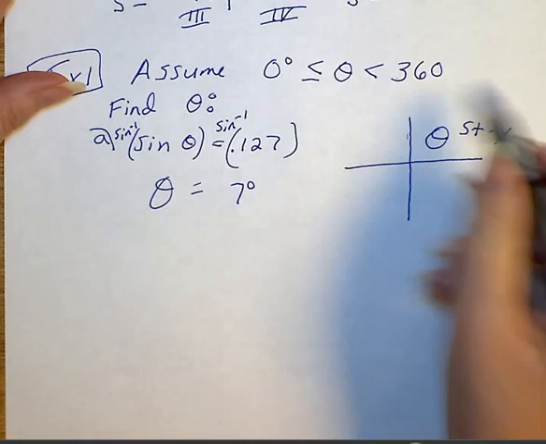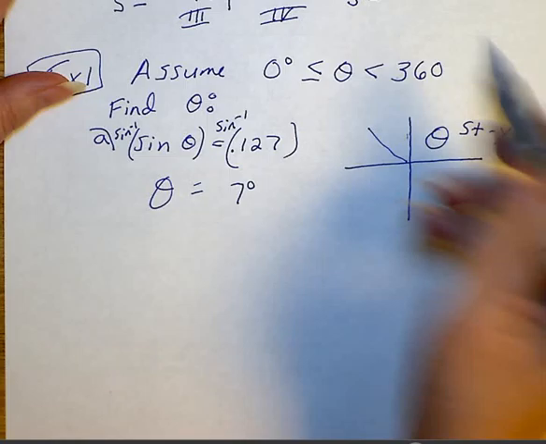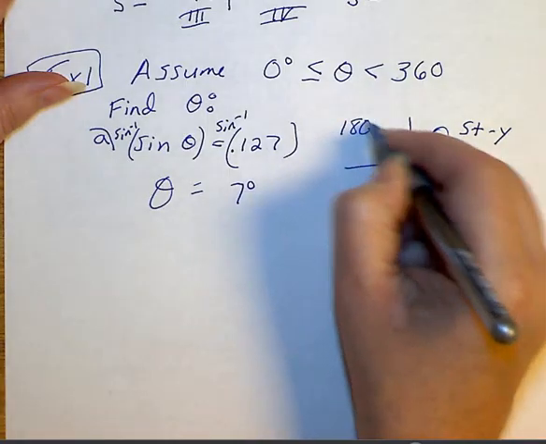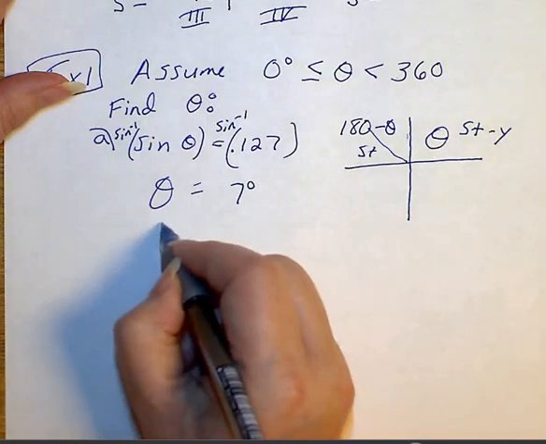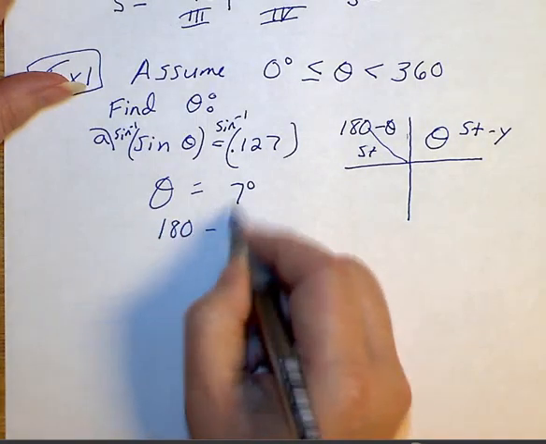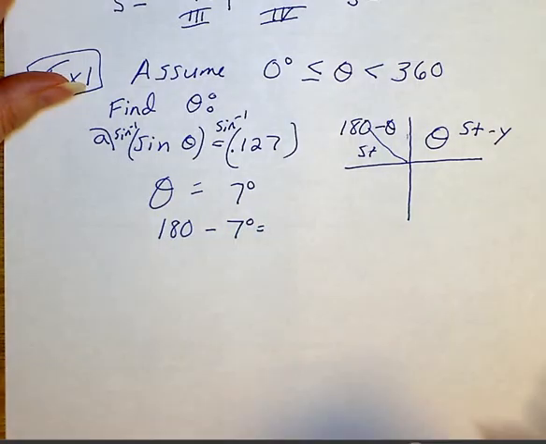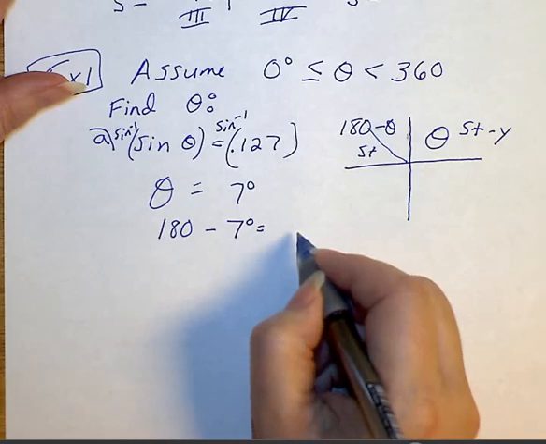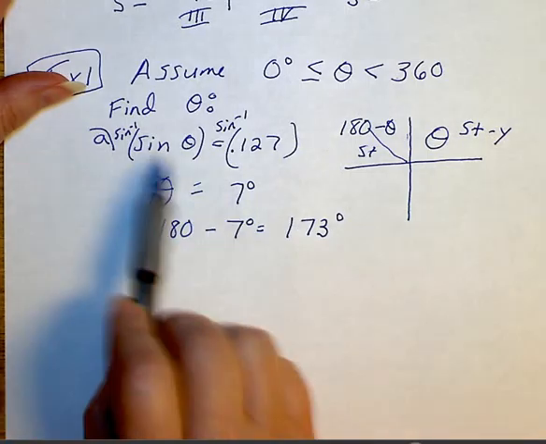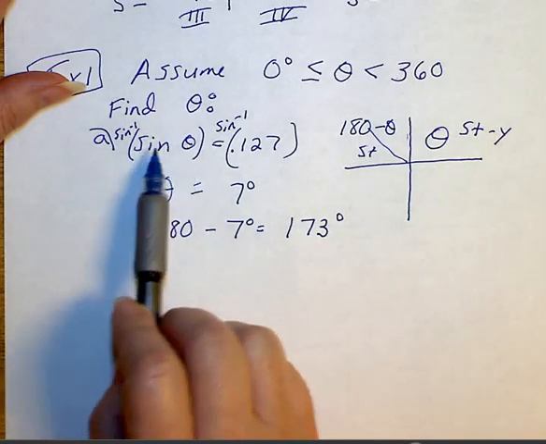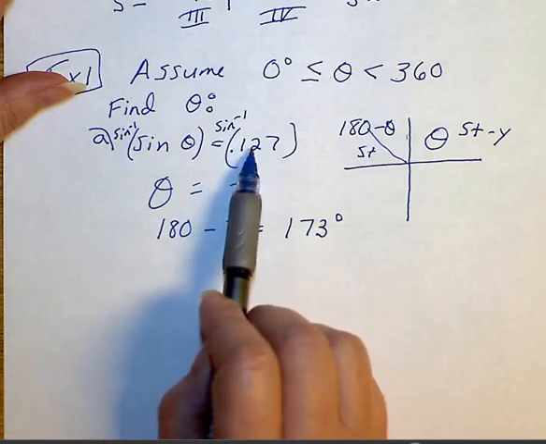How do I find the angle in here? 180 minus theta, because sine is positive. So my other one is 180 minus 7, which gives me 173. If you put in your calculator sine of 7 and sine of 173, you should get 0.127.